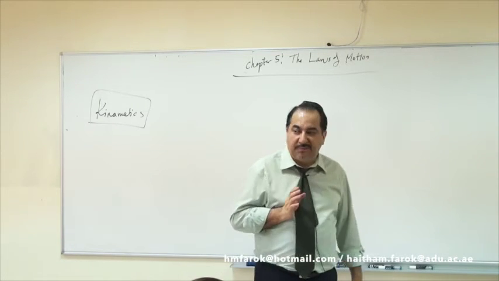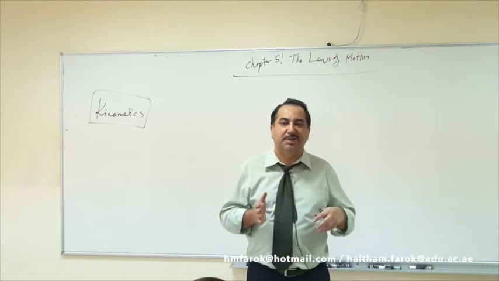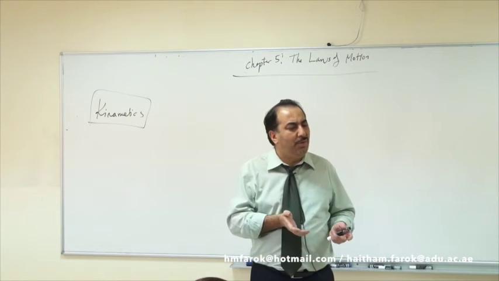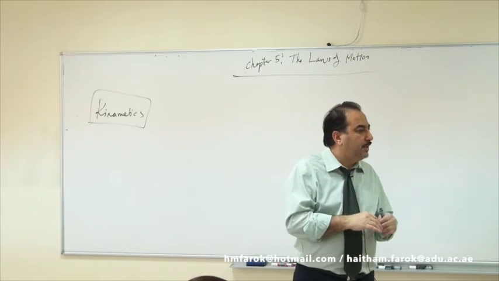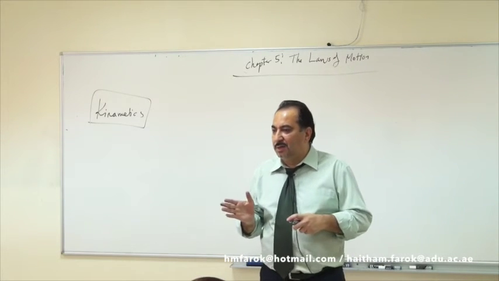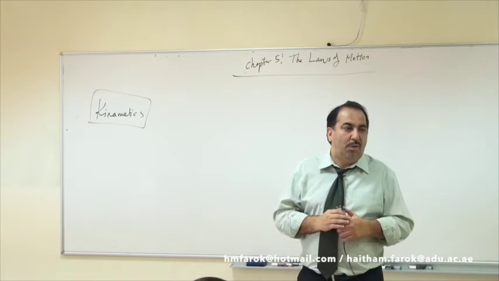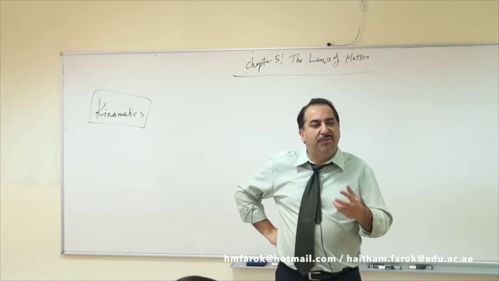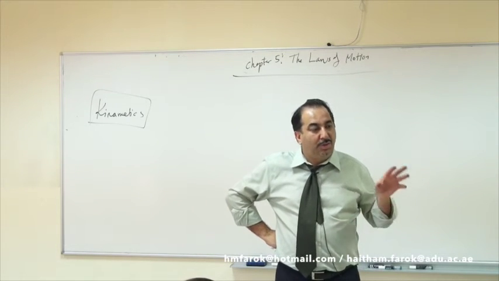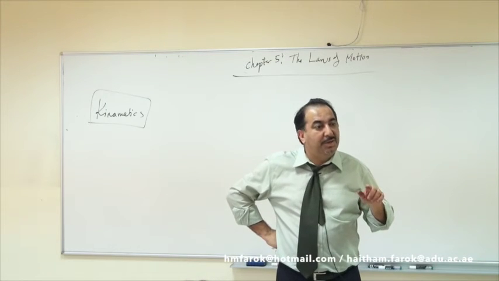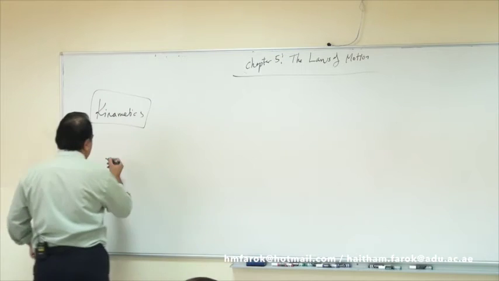In this chapter, chapter 5, we start questioning. We ask the question, why does the object speed up? Why is it slowing down? Why is it changing direction? What is the cause of all these things? When you start looking for the reason behind motion, we call this branch dynamics.